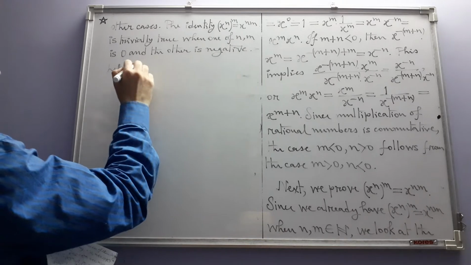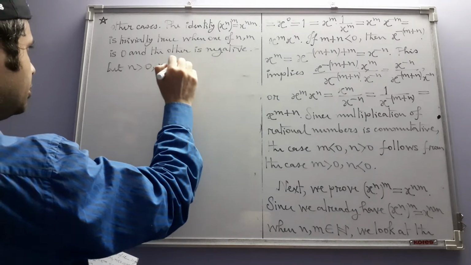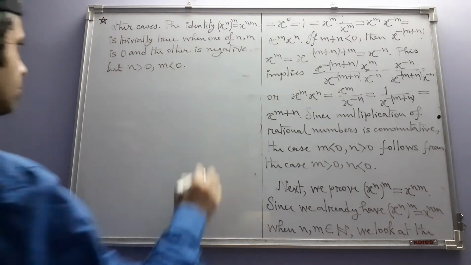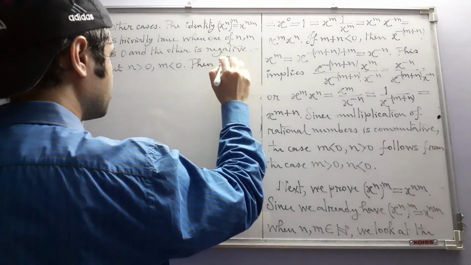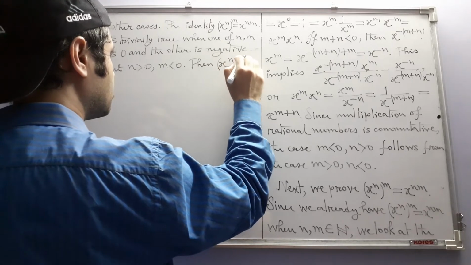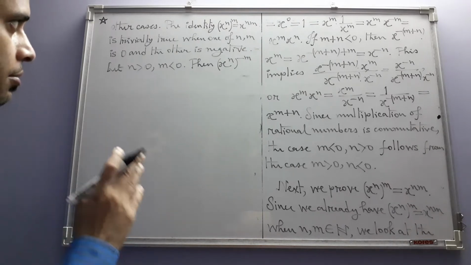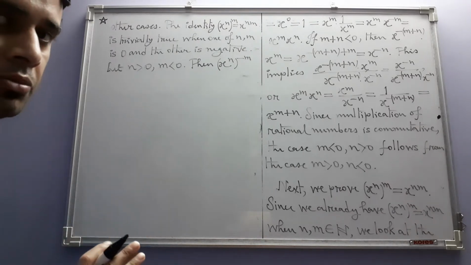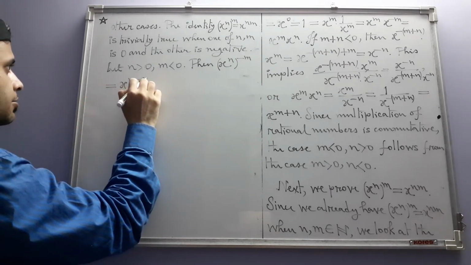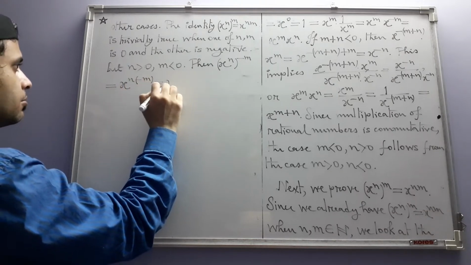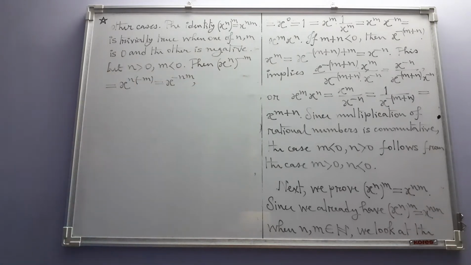Let n be positive and m be negative. Then if m is negative, minus m is positive, so by the similar result from the previous proposition, this is equal to x to the power n times minus m, or x to the power minus nm.